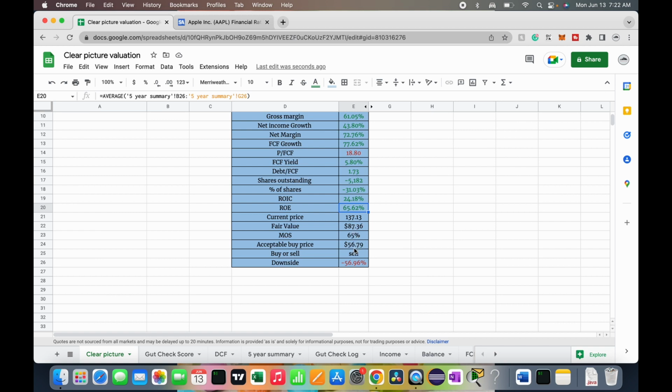But then my margin of safety is 56.79. I like to have a large margin of safety because I don't know how the market's going to be. I can't judge the direction of the market.